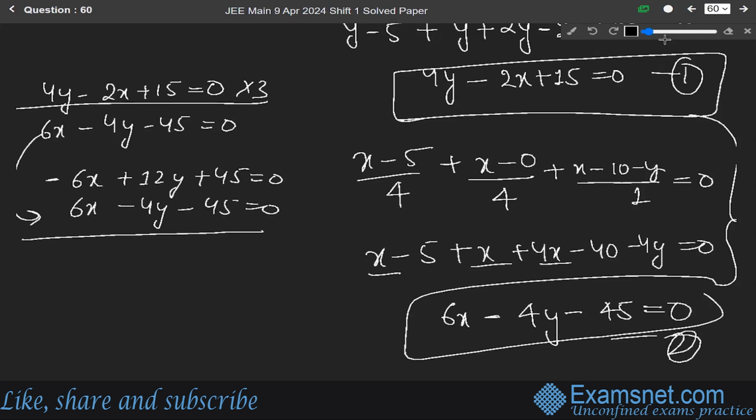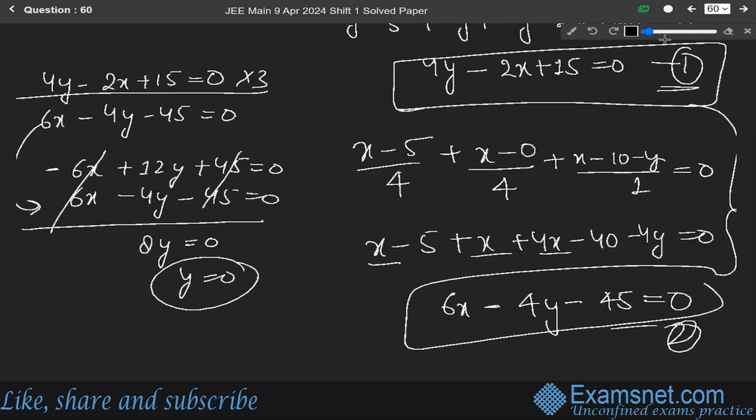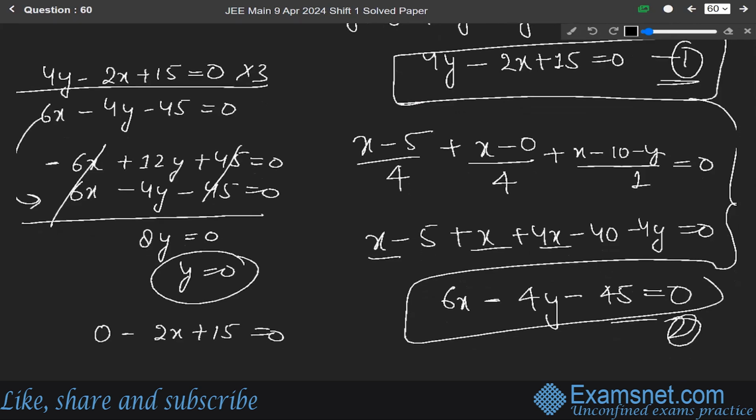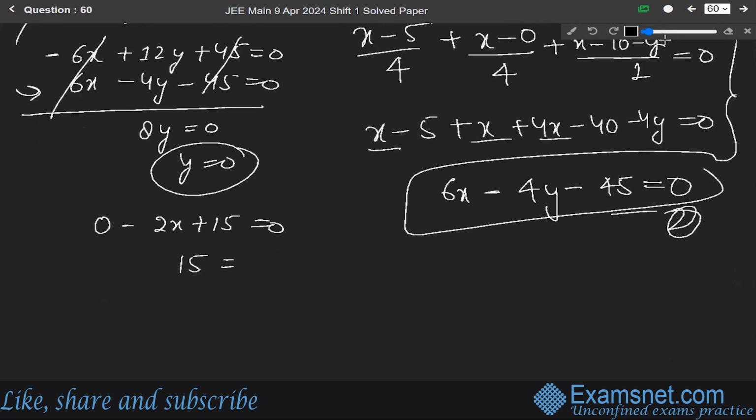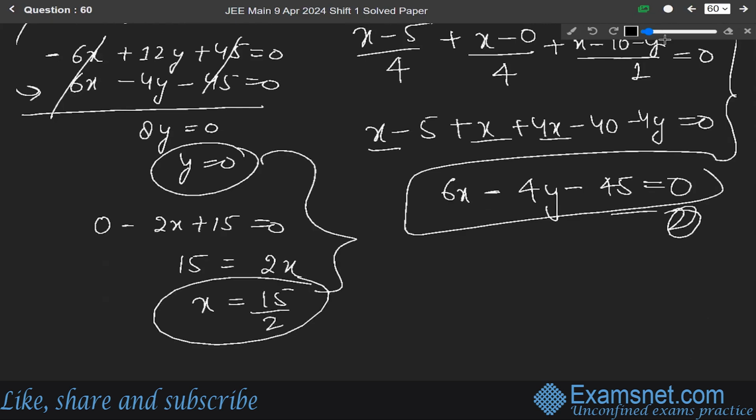So just add them, this will cancel out. So we get 8Y is equal to 0, meaning Y equals 0. Now put this value of Y in any of the equations. Let us say put in equation number 1. So we get 0 minus 2X plus 15 equals 0. So 15 equals 2X. So X will be equal to 15 by 2. So we get Y equals 0 and X equals 15 by 2.